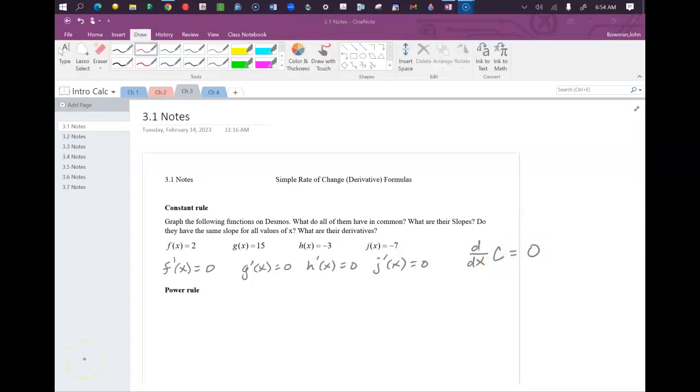For the next rule, we're going to take a look at what's called the power rule. So I'm going to show you some derivatives, and while I'm doing that, see if you can come up with a pattern. So the derivative of x is equal to 1. The derivative of x squared is equal to 2x. The derivative of x cubed is equal to 3x squared.